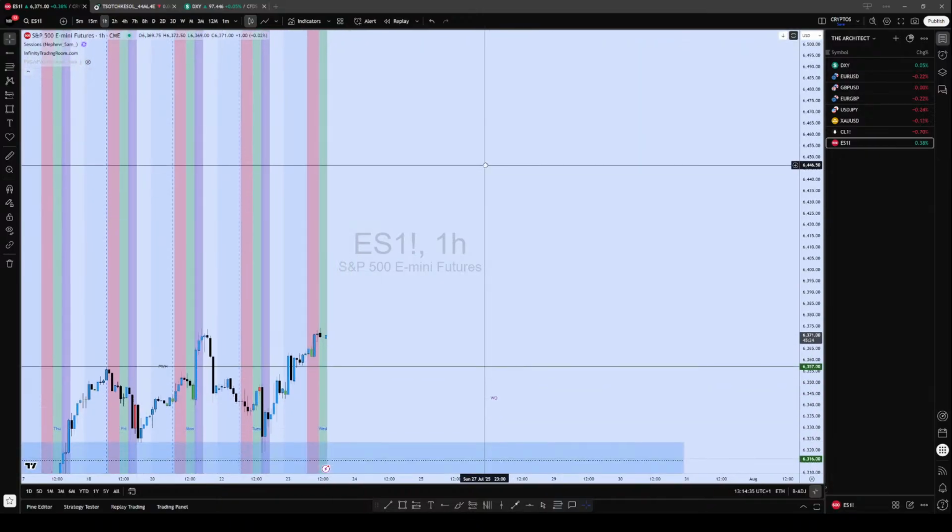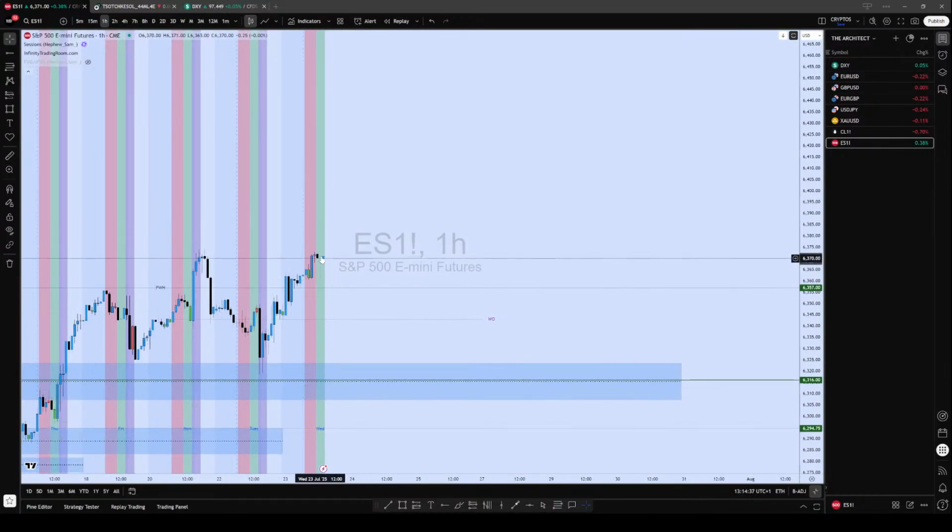New York session, watch this candle's high if anything pulls back. If we pull back during the New York session and we hit this level and you start seeing price rejecting, at least on the 15 minutes, you can look for a buy to continue going back up.